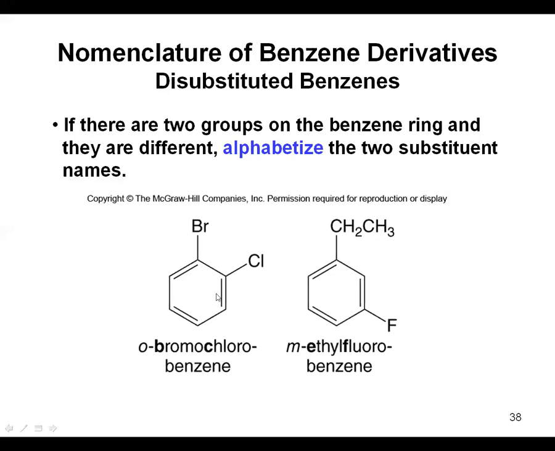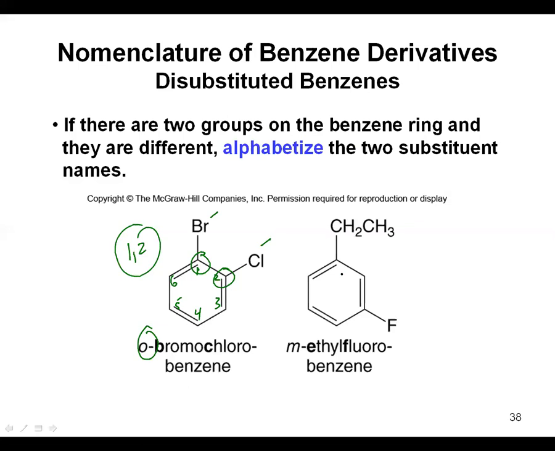And we would alphabetize the groups that are attached. So if we look at this here, this is 1, 2, 3, 4, 5, and 6. So it's a 1,2 positioning, which is our ortho positioning, and then alphabetically bromo before chloro. So ortho-bromochlorobenzene.